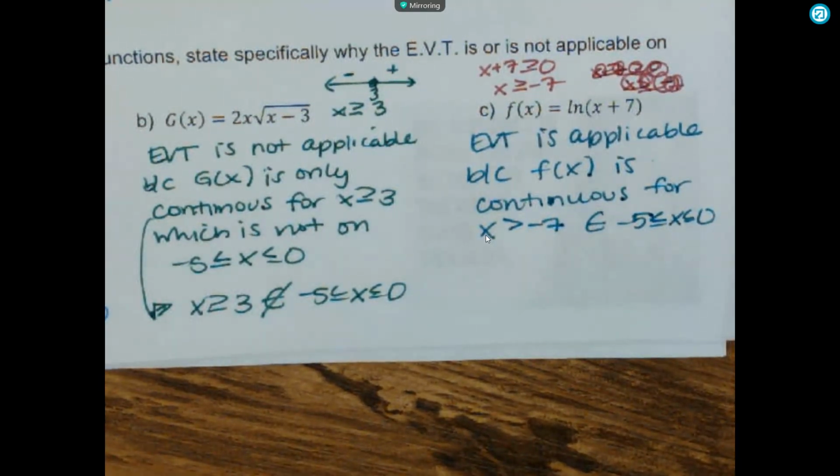Is it even just greater than? Yeah, 0 actually gives you an error as well, so it's just greater than -7.